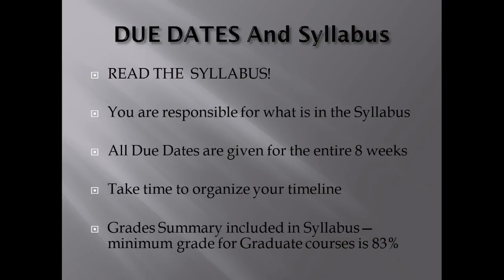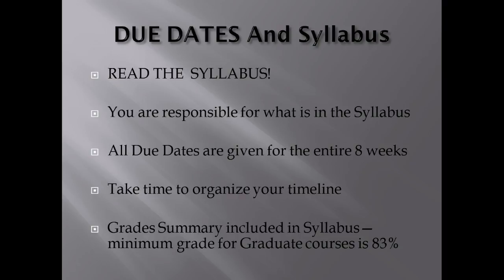Be sure to read the syllabus. You're responsible for what is in the syllabus regardless of whether you read it or not. All due dates for the entire 8 weeks are provided in the syllabus. They are also in the classroom sections of each week.